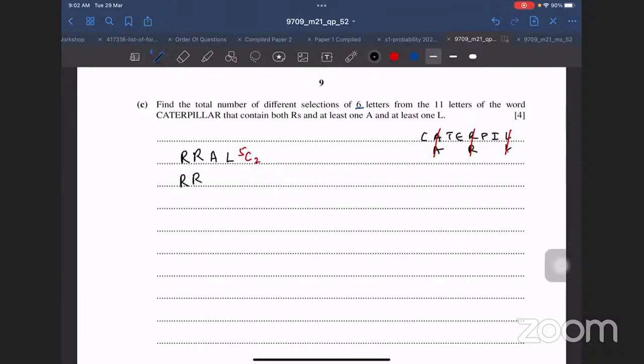Then I could have 2 R's, 2 A's, 1 L, and 5C1. Then I could have 2 A's, 2 L's.